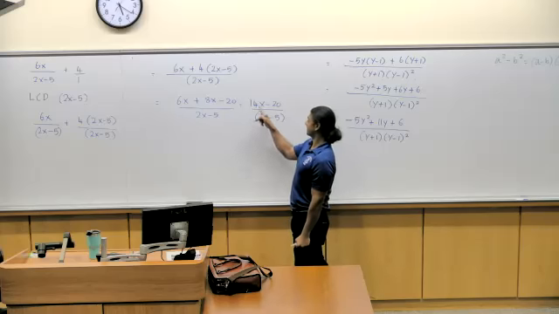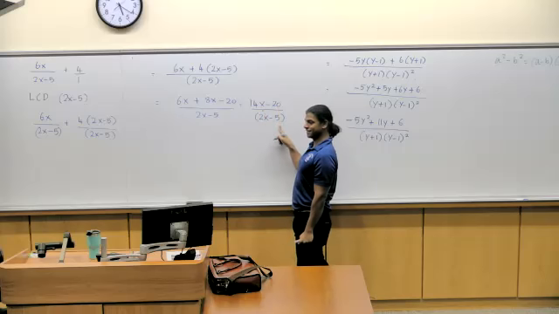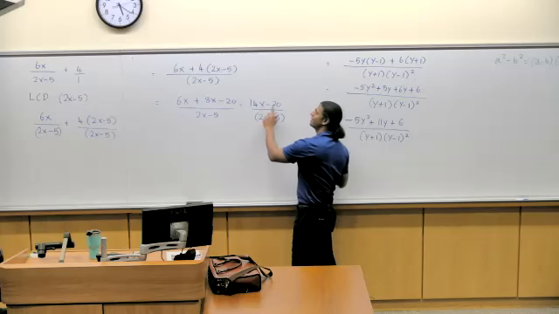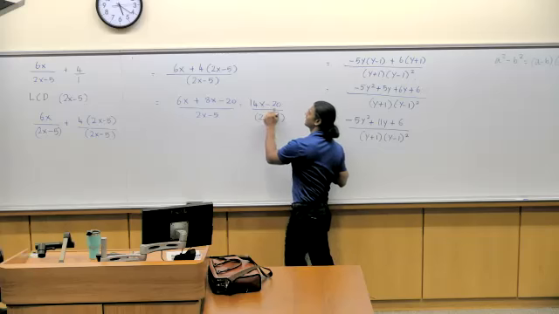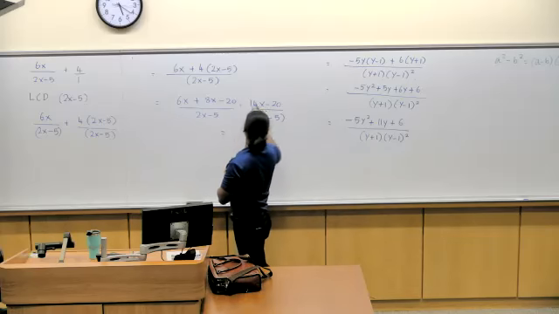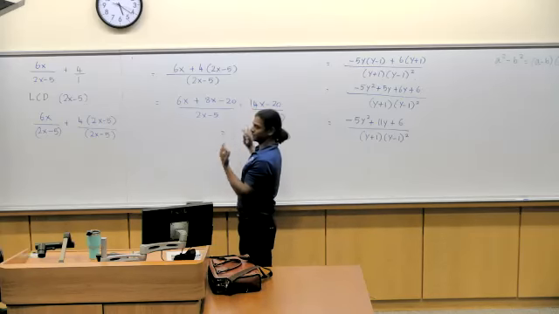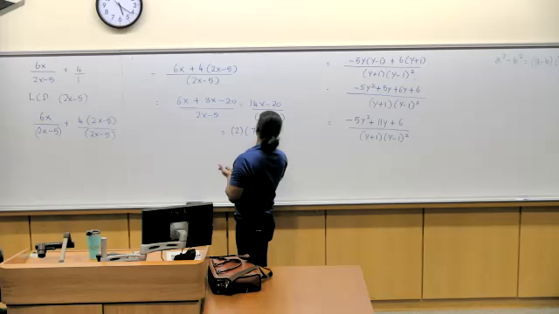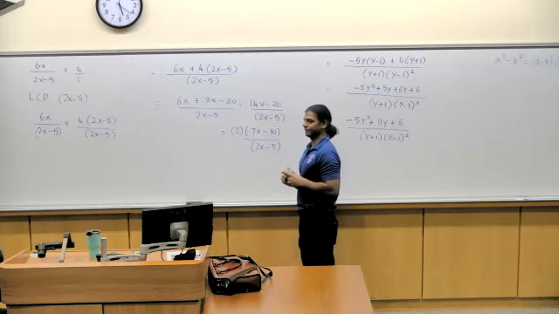No, this by that and that by that? No, we can't do that. The only thing that you can do is get a common factor out. What is common between those two terms? A 2. So you'll have 7x minus 10 divided by 2x minus 5.